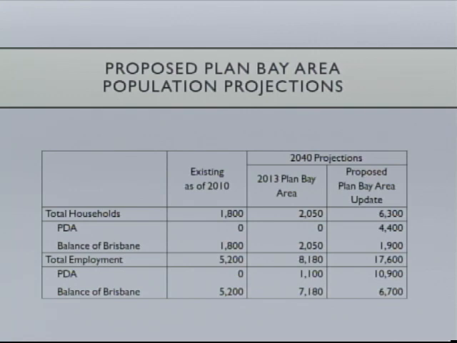What this shows is within the PDA, Priority Development Area, essentially the Baylands, an increase over 30 years from 2010 to 2040 of 4,400 dwelling units within the Baylands, and an increase in employment of another about 9,000 jobs. So a very substantial amount of development being projected in Plan Bay Area.